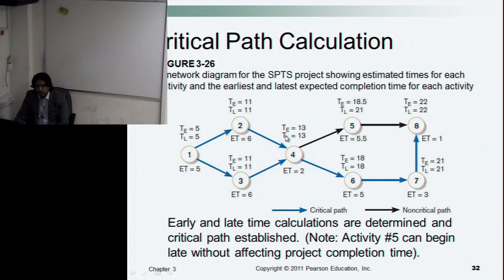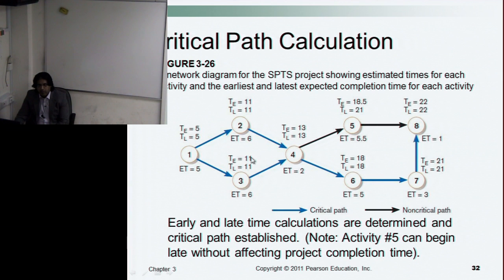Now, you see here, the earliest time is 13. What is the expected time for this? 2 plus 11 is 13.